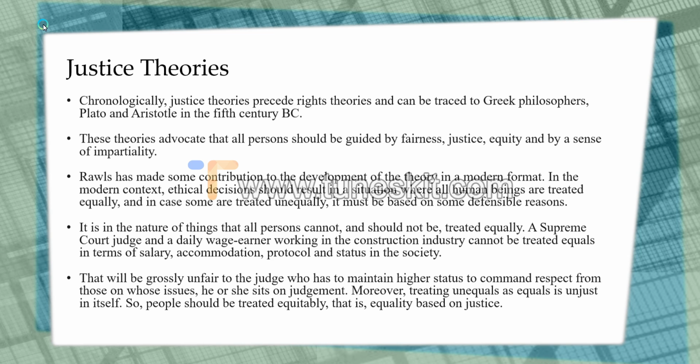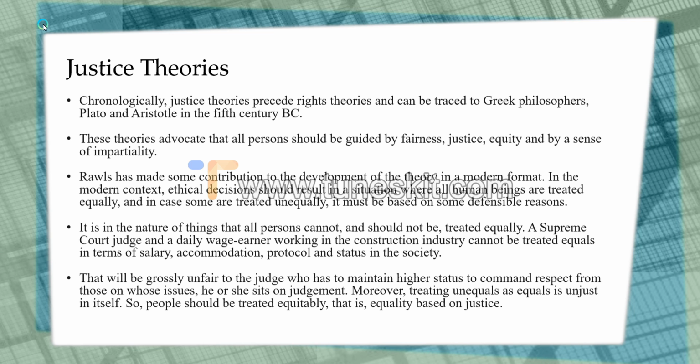Now, the last point visible: it will be grossly unfair to the judge who has to maintain higher status to command respect from those on whose issues he or she sits in judgment. This is just an example that you need to see.